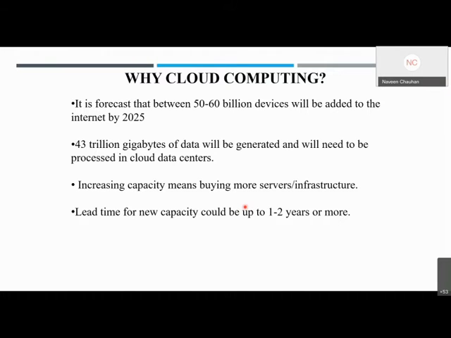Now the next question which arises is, why cloud computing, or what is the need of cloud computing as such? These are the facts written in the slide itself: it is forecast that between 50 to 60 billion devices will be added to the internet by 2020.